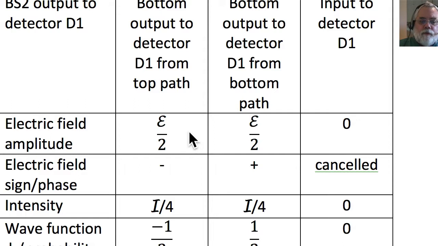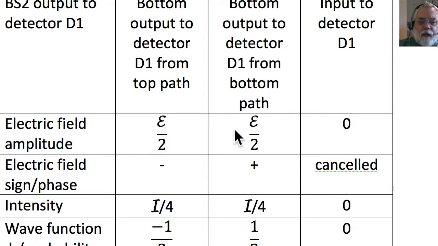The amplitude heading toward D1 from the top path, the amplitude of the electric field, is E over 2, and it's the same amplitude heading toward D1 from the bottom path, but they have opposite electric field signs or phases.